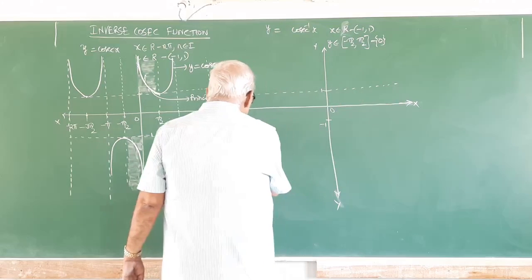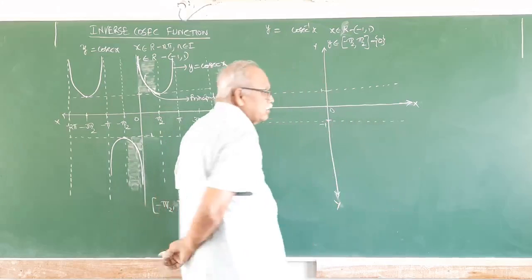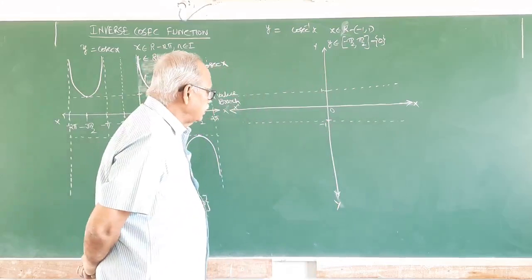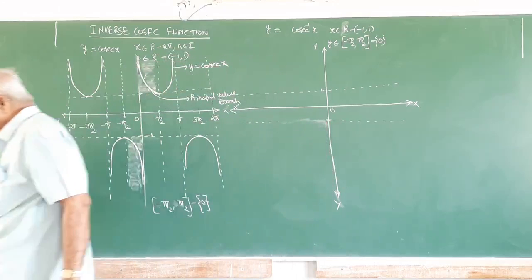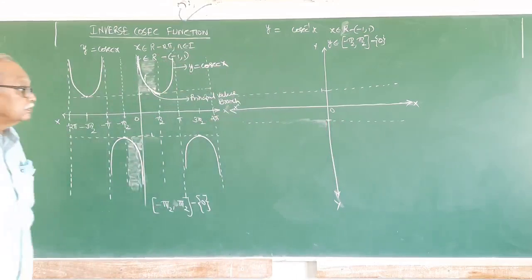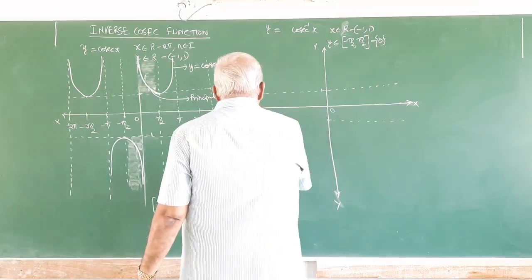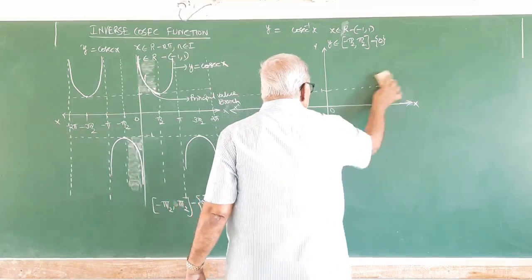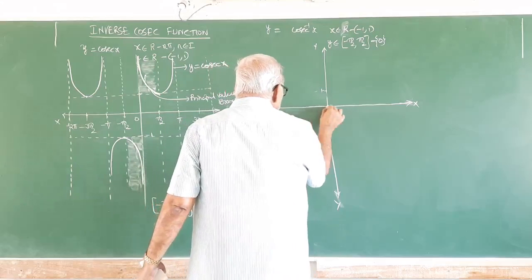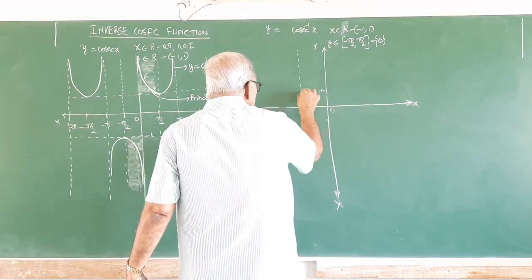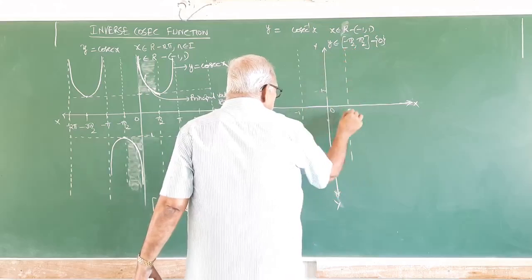So, in this part, there is no cosecant inverse of x graph. There is no graph here. We have to interchange the x axis and y axis. So, we have to mark 1 and minus 1 here.